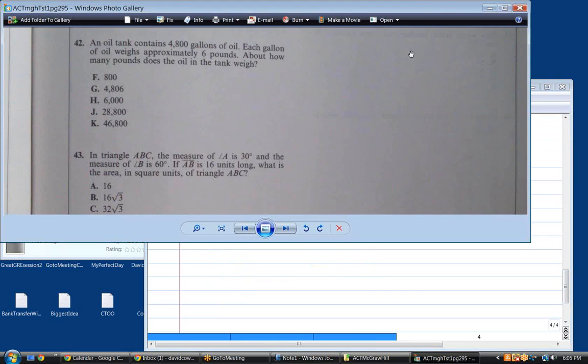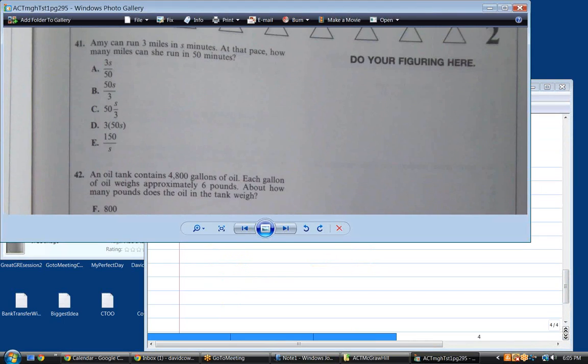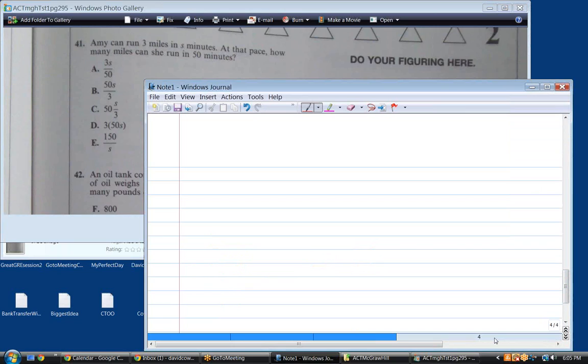Now, let's go back to that for a second, because I don't want to leave this without mentioning, if you didn't realize it was a ratio problem, there's a surefire method of solving it. Pick a number for s.